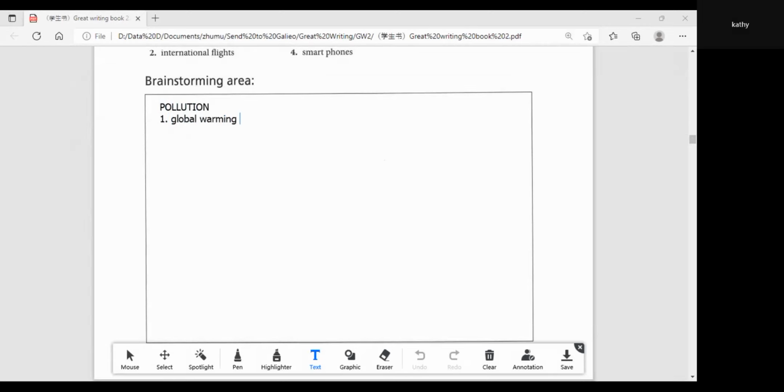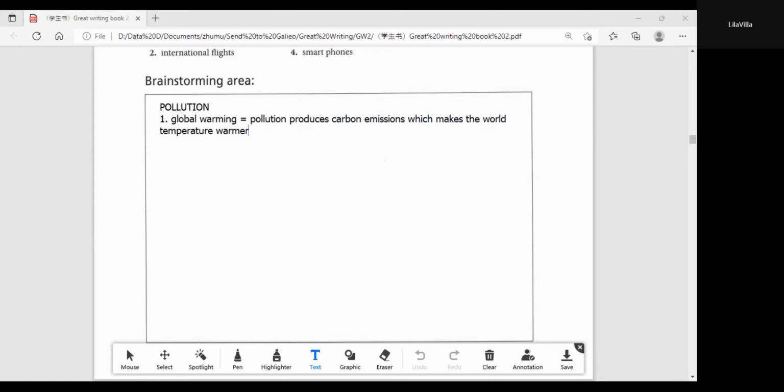Because of the pollution, it produced carbon dioxide, and it will make the temperature of the earth rise. Yes, pollution produces carbon emissions, which makes the world temperature warmer.